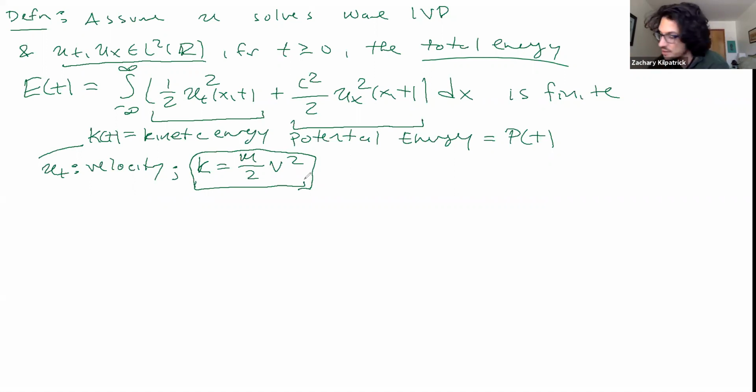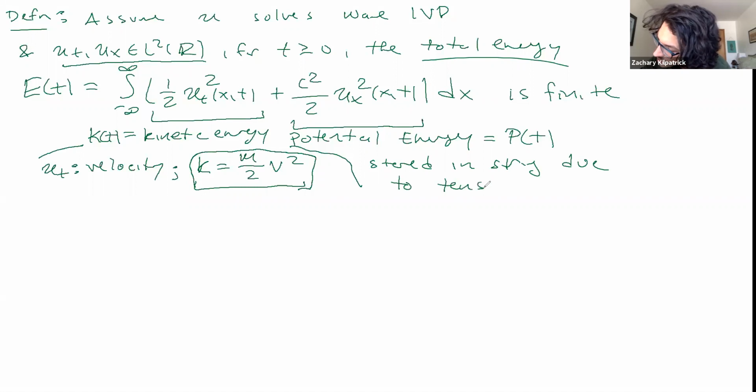The potential energy here, this essentially is the energy stored in the string due to tension, okay? So remember, tension depends on the deformation gradient. We approximated that by saying it essentially is going to depend linearly on the deformation gradient, okay?